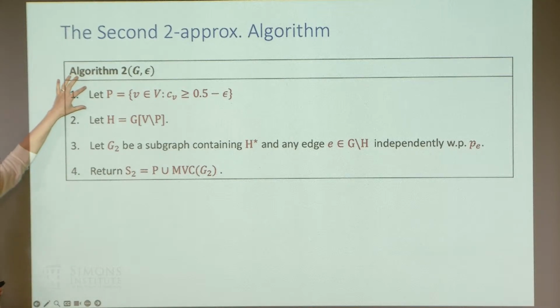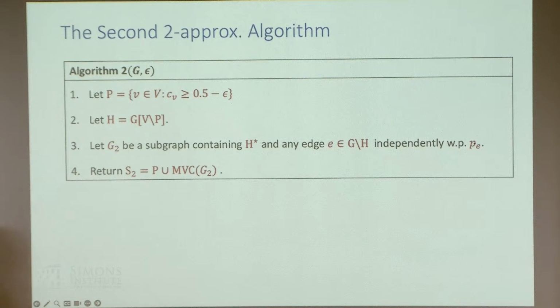The only difference is the choice of P. So here P only includes the vertices whose CV exceeds half minus some epsilon. Again, there are 2 points we need to address. Why is H sparse, and what about the approximation ratio? The second part is easier.